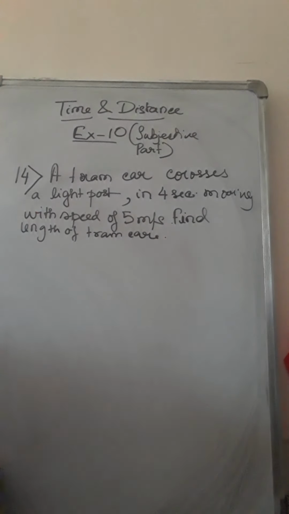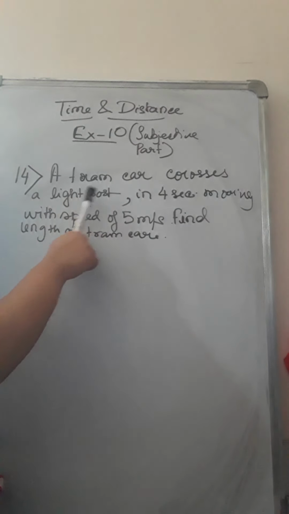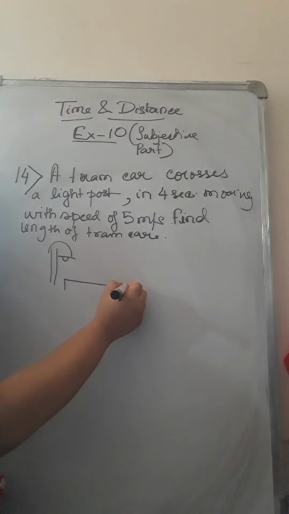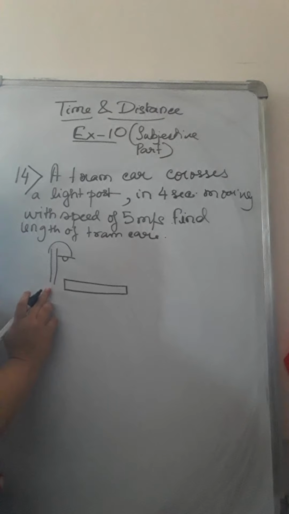Now for this you need the concept which I taught you, that when any standing object is being crossed, for example the tram car crosses a light post. So light post is a standing object. So in order to cross the light post, the tram car needs to totally cross from the light post.